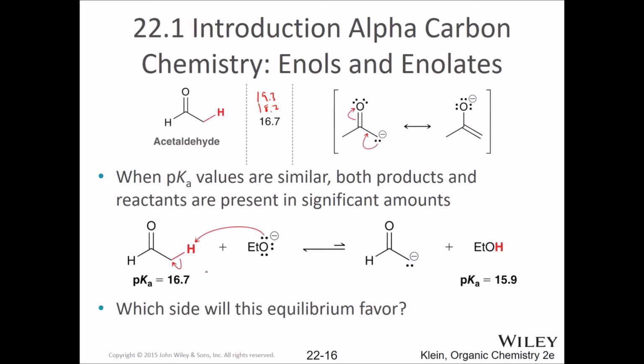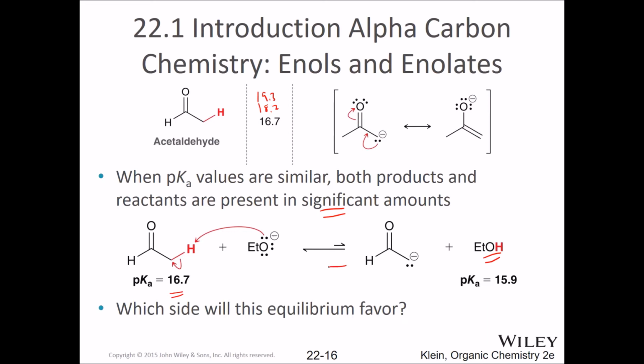Now, when pKa values are similar, both products and reactants are present in significant amounts. This is Gen Chem 2. So, we have a pKa of acetaldehyde of 16.7. We have a pKa of ethanol of 15.9. So this is almost 10 times more acidic.